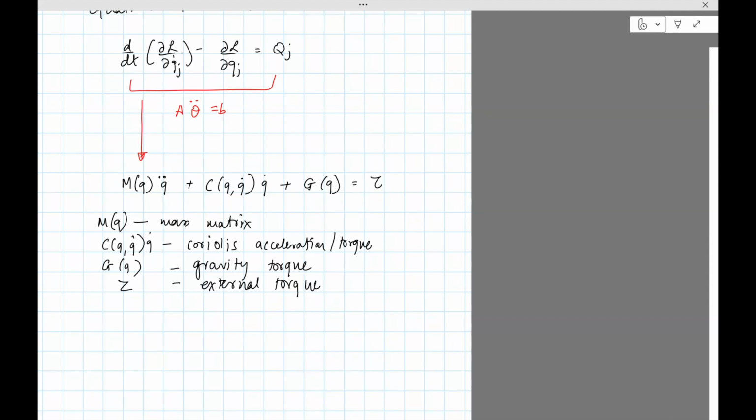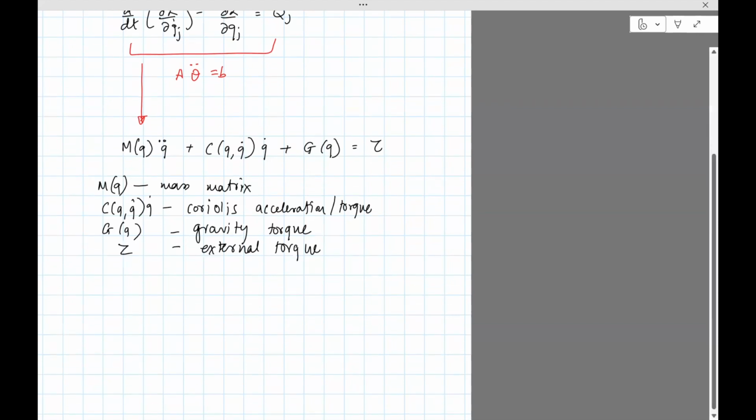Okay, so that's how almost any equation of a manipulator will look. It'll always have those terms, M, C, G, and then the external torque.